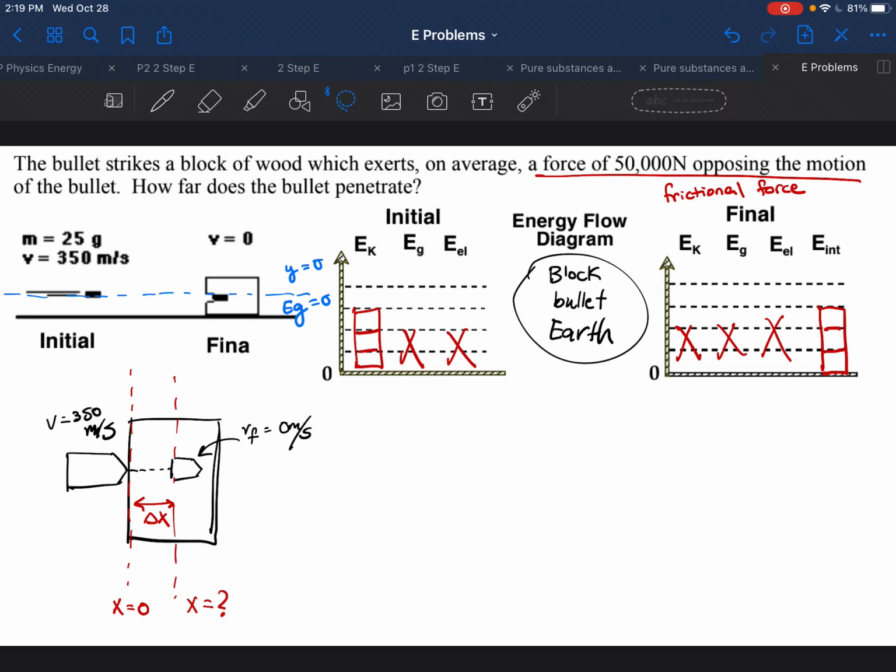Now, I have a final velocity, I have an initial velocity, and I want to find displacement. For any kinematics equation, I need three variables that would allow me to find the fourth. So I either need time or acceleration. I don't have anything that can really help me find time, but I do have force.